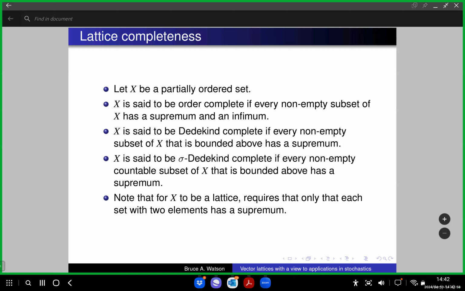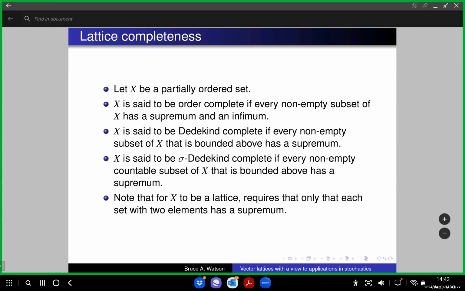And we can now weaken that yet further. We say that the set X is sigma Dedekind complete if we only require that non-empty countable subsets of X that are bounded above have a supremum. This comes in useful in some areas where we only want to work with sequences, not more general collections of elements in your set.